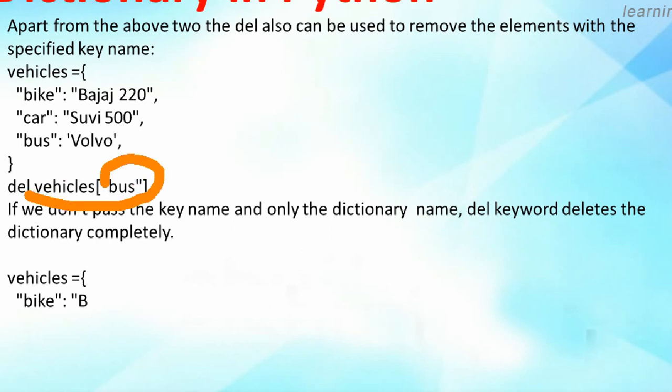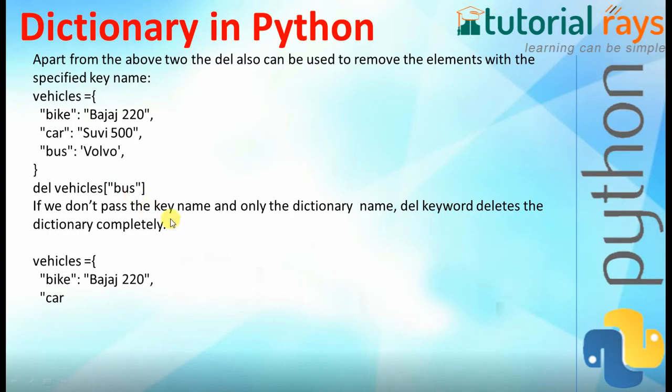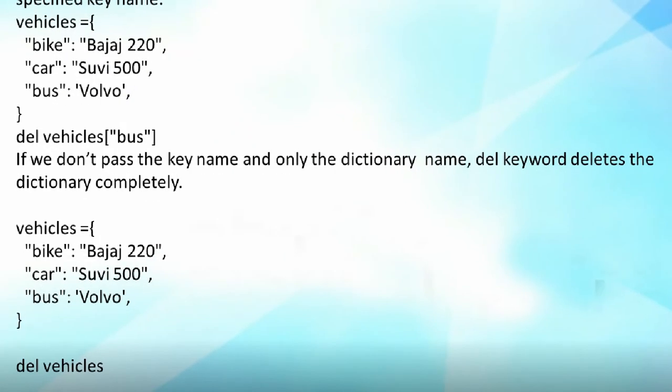It will find the key and bus will be deleted. If you don't pass the key name and only the dictionary name, del deletes the dictionary completely. So with this method, the complete dictionary can be deleted.